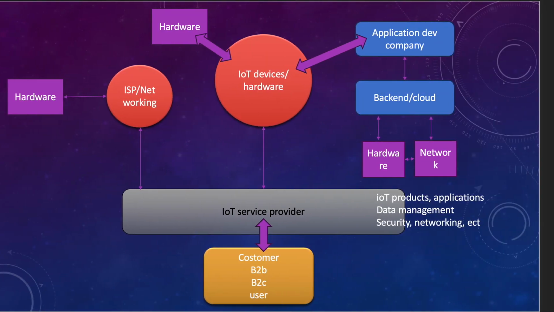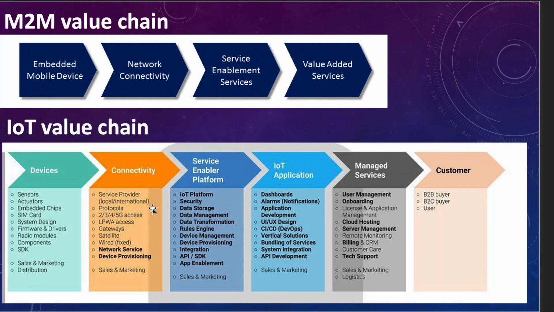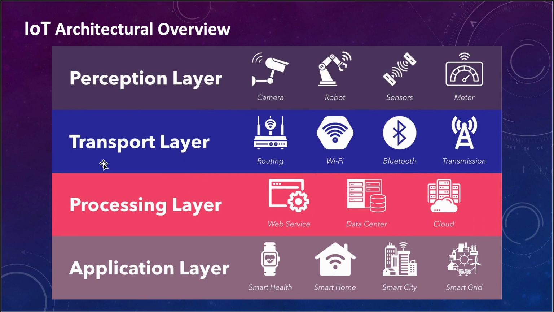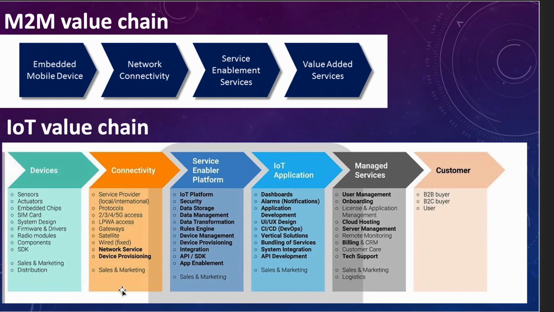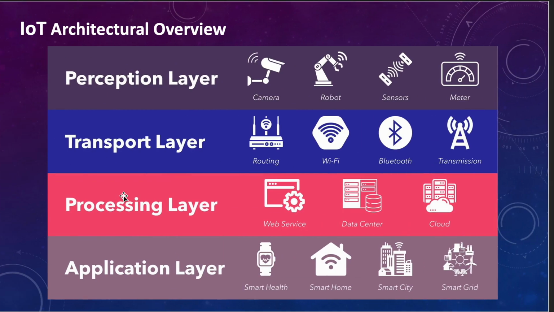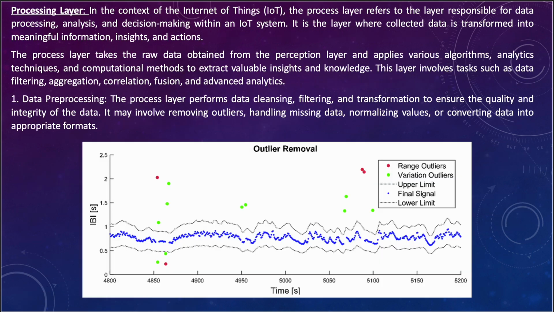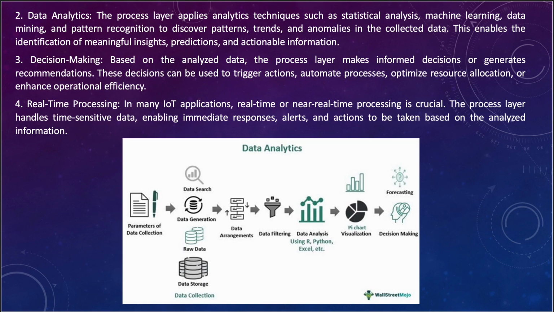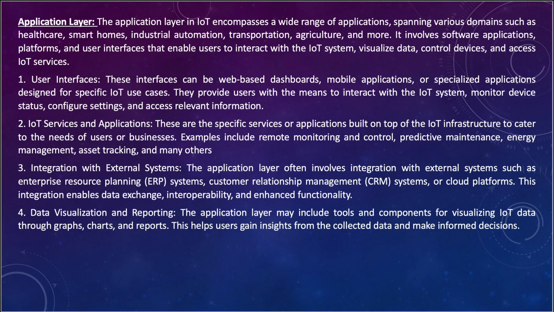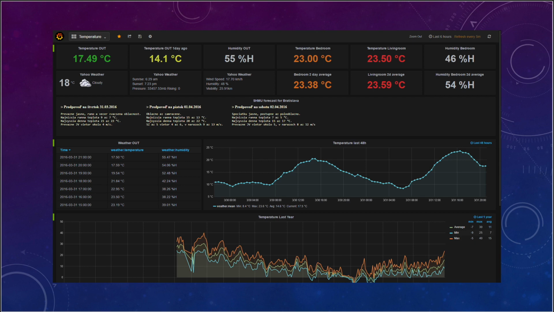We looked at the comparisons of the value chain and the architecture. Normally IoT architecture has a perception layer, transport layer, processing layer, and application layer, and we see that each layer is a link in the value chain itself. We talked about how data is being processed, about cloud platforms, about applications needed, and about networking.